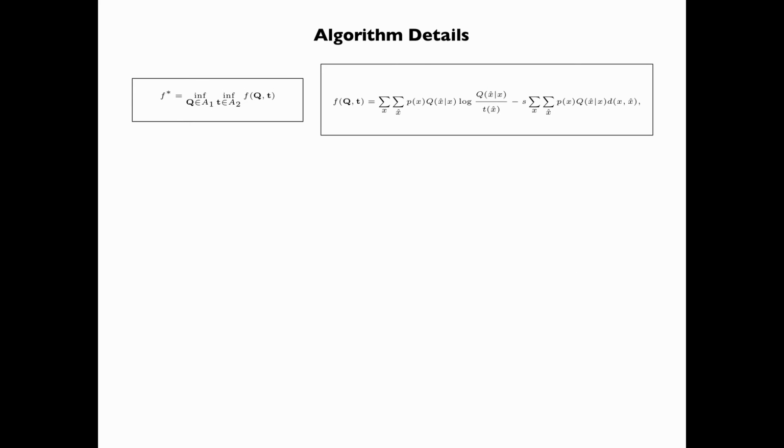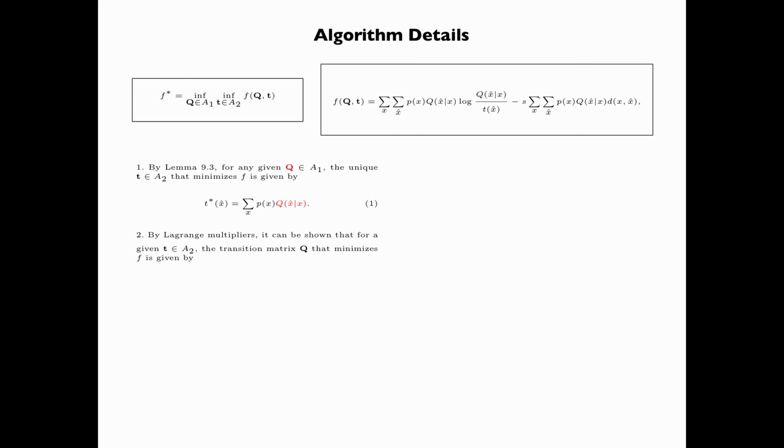We now fill in the algorithm details. By lemma 9.3, for any given q in A1, the unique t in A2 that minimizes f is given by t star of x hat equals the summation over x of p(x) q(x hat|x).